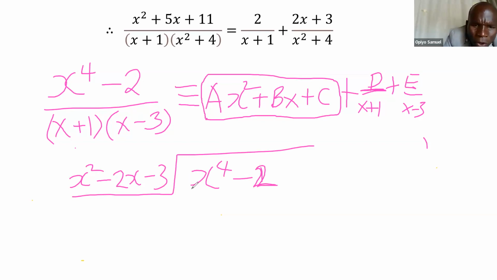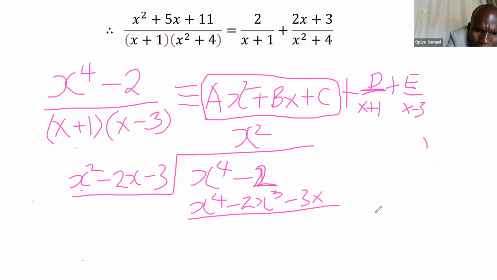When you're dividing a polynomial like this, you simply look for a term that when you multiply by this, it gives you the first part. And that term is x squared. So x squared times this, we get x to the power 4 minus 2x cubed minus 3x squared.